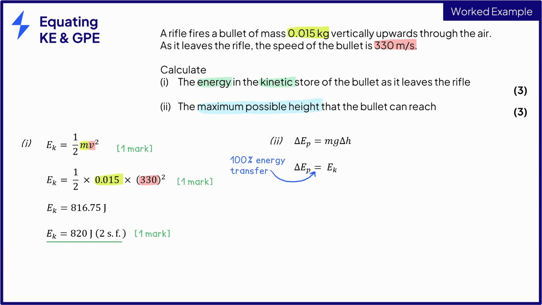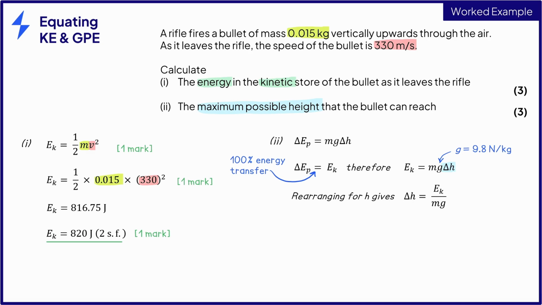If gravitational potential energy is equal to kinetic energy, then we can say that kinetic energy is equal to mgΔh. So we know the kinetic energy, we know the mass, and remember that we also know the gravitational field strength on Earth is 9.8 newtons per kilogram, and you are expected to know that. So rearranging the equation to solve for h gives Δh is equal to kinetic energy divided by mg.